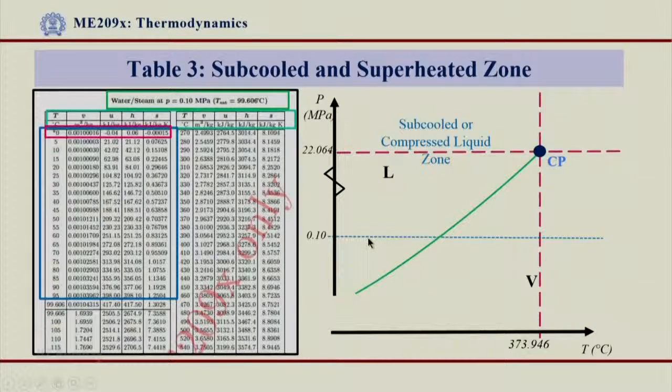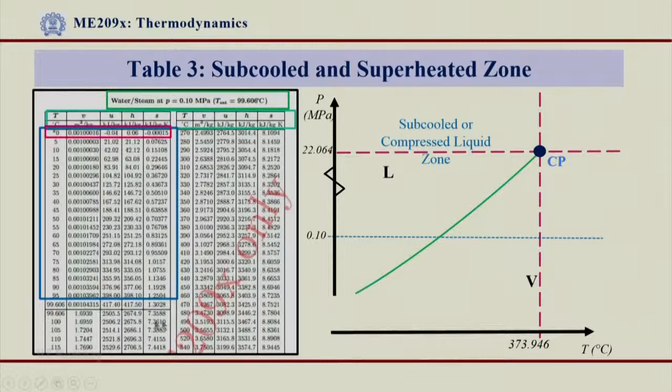Here T is less than Tsat, which is 99.606 degree centigrade, and in this blue square all these temperatures are less than Tsat, and therefore all these states lie in the subcooled or compressed liquid zone.